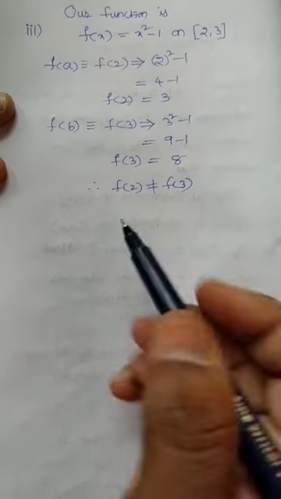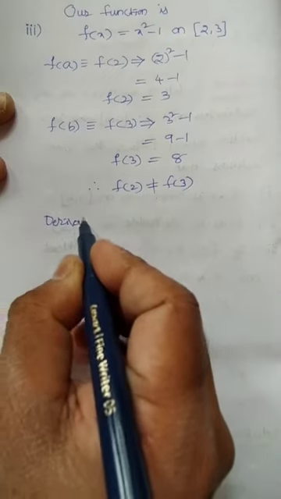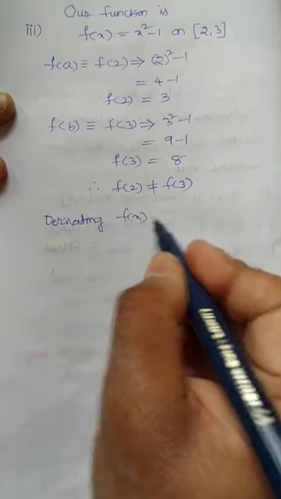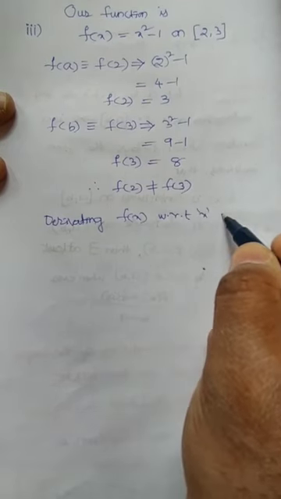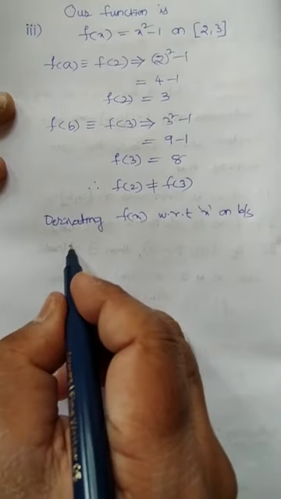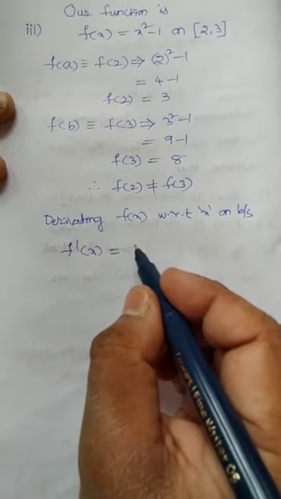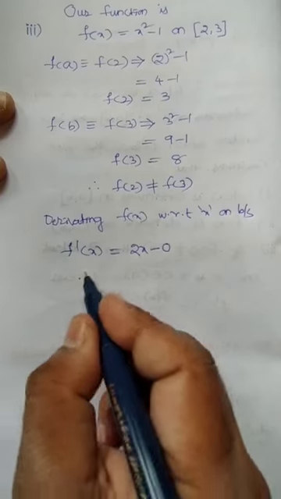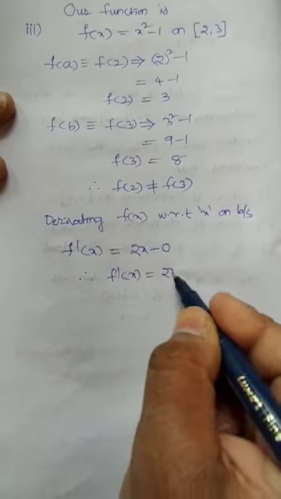Differentiating f of x with respect to x on both sides, f dash of x is equal to the derivative of x squared, which is 2x, minus the derivative of 1, which is 0.